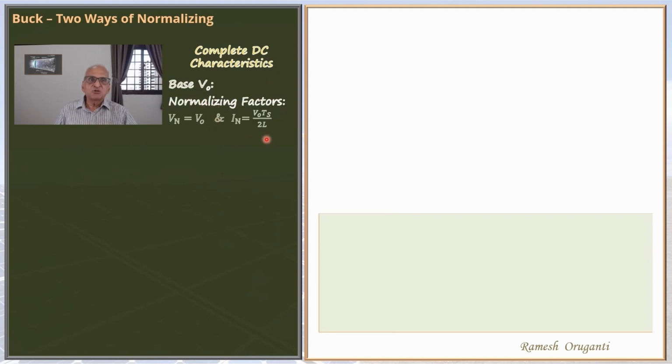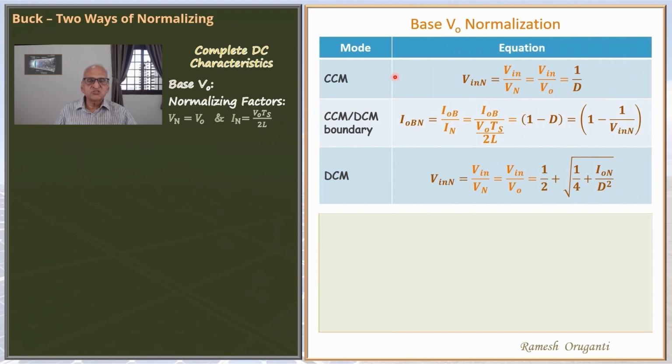The normalized equations we just now saw, the CCM equation is Vinn, normalized input voltage, equals 1 by D. IOBN, normalized boundary current, equals 1 minus D, and is also same as 1 minus 1 by Vinn. The normalized DCM voltage equation is Vinn equals half plus square root of 1/4 plus ION by D square.